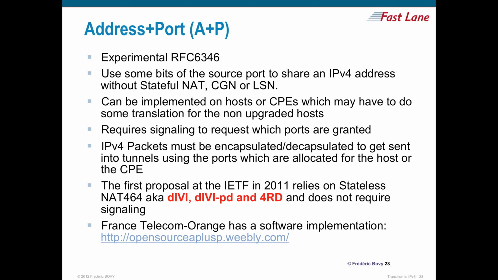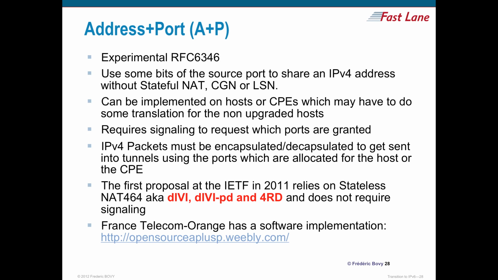Another function, and in the first proposal it is run by the dIVI protocol, which is a stateless 464 protocol. dIVI is able to share a public IPv4 address among multiple sites using a range of ports for each site.